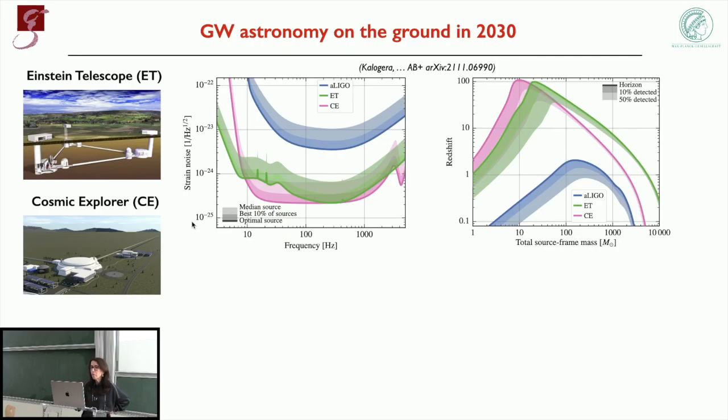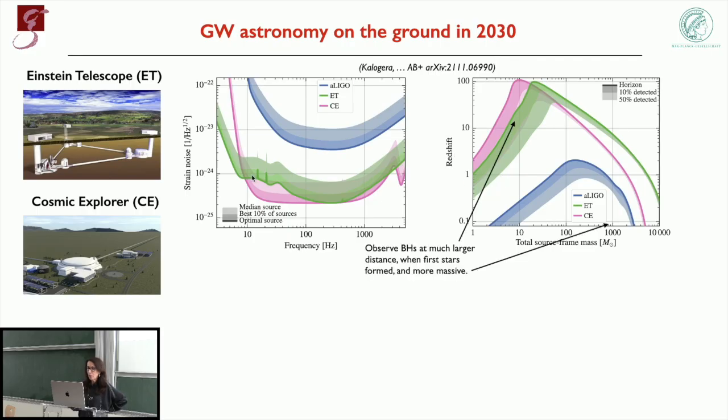But also the improvement is 1 or 2 orders of magnitude, which means a factor 10 in sensitivity means a factor 1,000 in volume, right? So you are sensitive to a patch of the universe 1,000 times larger, so the number of events will be much bigger, and you can also go to much larger redshift.